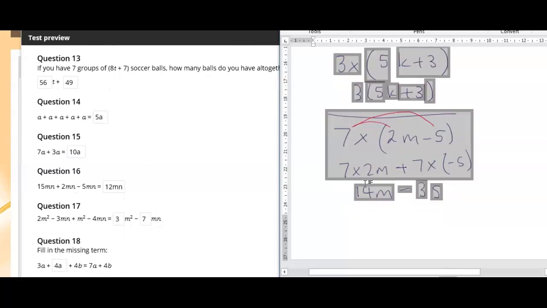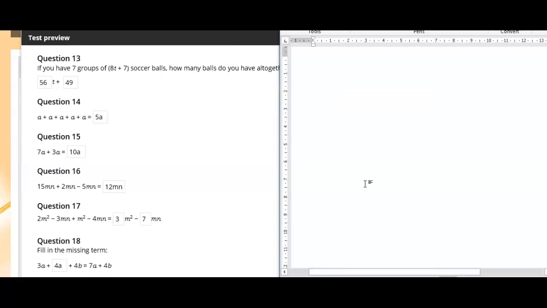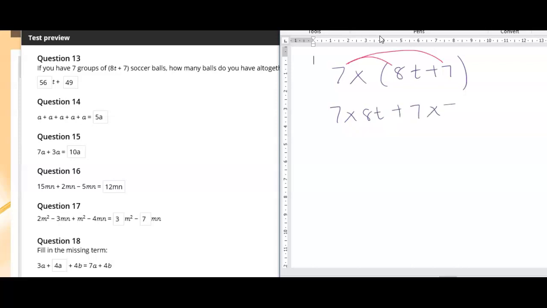All right, let's get another clear page. Question 13, if you have 7 groups of 8t plus 7 soccer balls, how many soccer balls do you have altogether? So we've got 7 times 8t plus 7. So again, we're expanding the brackets. So we've got 7 times 8t plus 7 times 7.